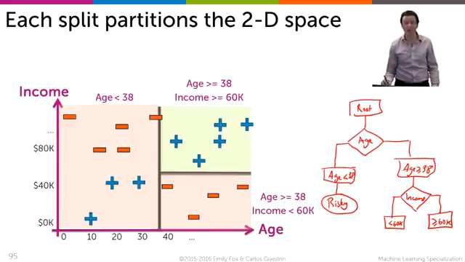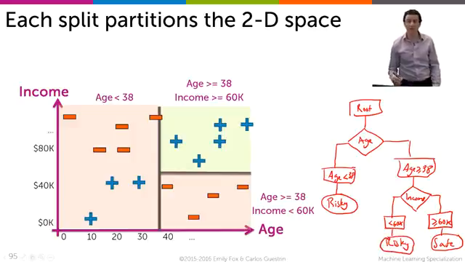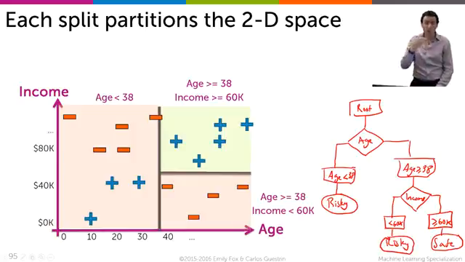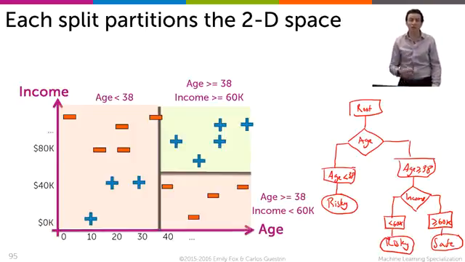For the ones that have income greater than or equal to 60,000 and age greater than 38, we predicted those were safe loans, while the ones that had age greater than 38 and income less than 60,000, we predicted those to be risky loans. And this is an example of a decision tree where we're making these binary splits on the data for the continuous variables.